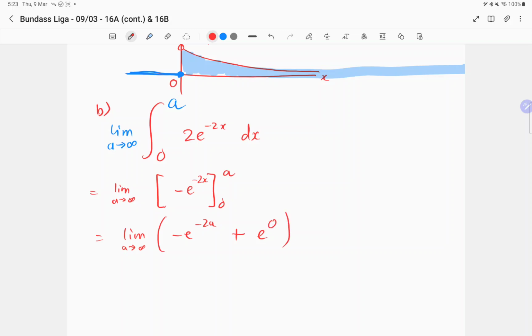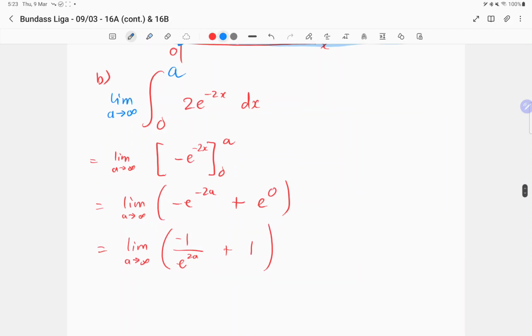Make sense? Next, you have to convert this version here into a fraction. Why do we want to convert that to a fraction? Well, because when a goes to infinity, you have minus 1 over e to the power of a really large number, and the other one's just 1.